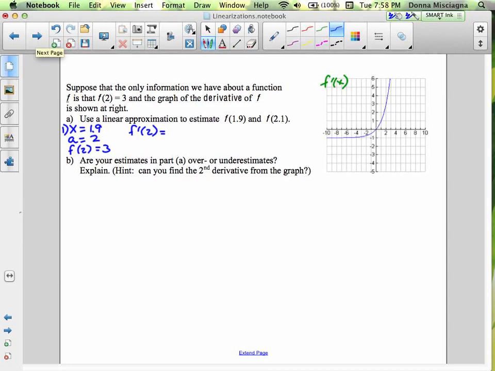Well, we have the graph of the derivative. If we follow up from 2, kind of interestingly, f prime of 2 is 3. That's just a coincidence. So we have f of a, we have f prime of a. All we need is the change in x. That's going to be 1.9 minus 2, which is -1/10.